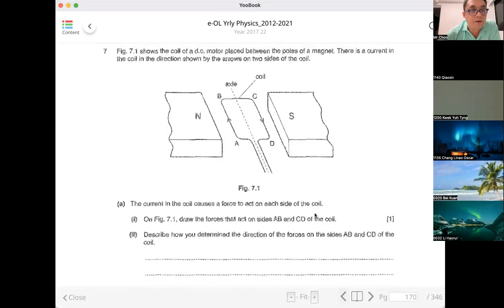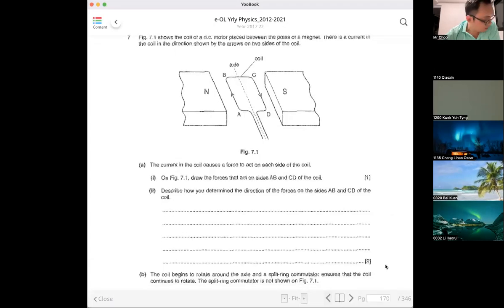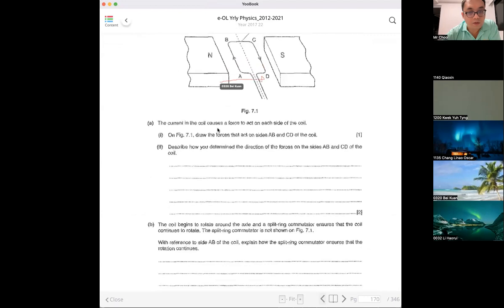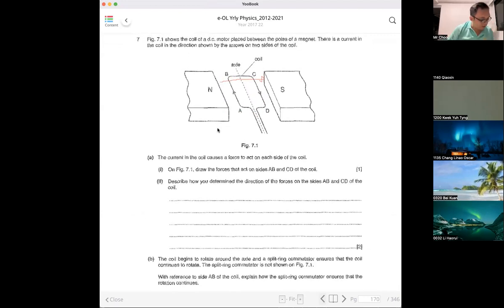Let's do this quickly. Pei Kwan, can you try to do A part 1? Then the rest of you quickly explain part 2 and part B. Pei Kwan, you try do question A on the screen.